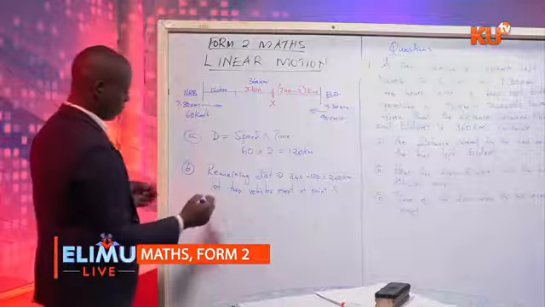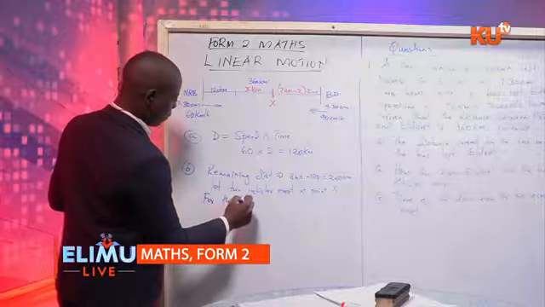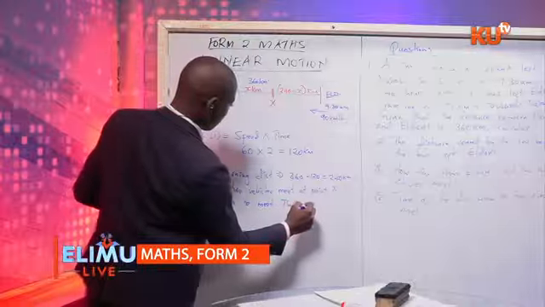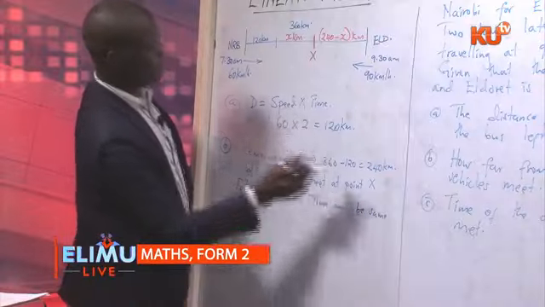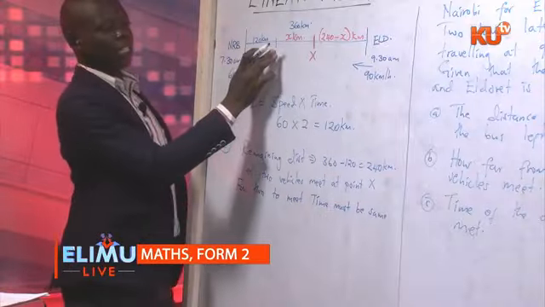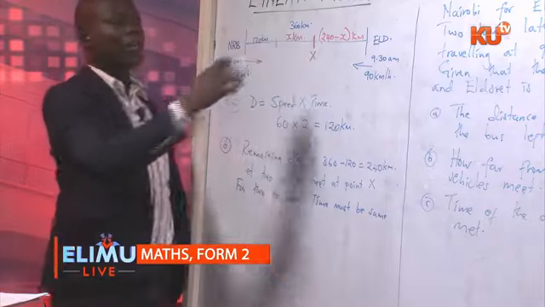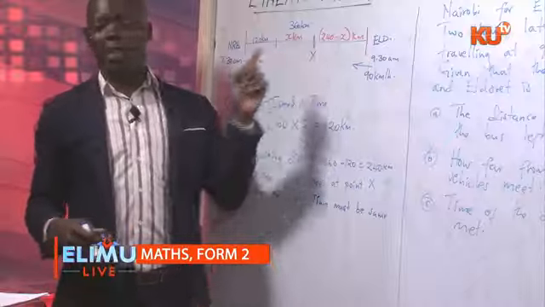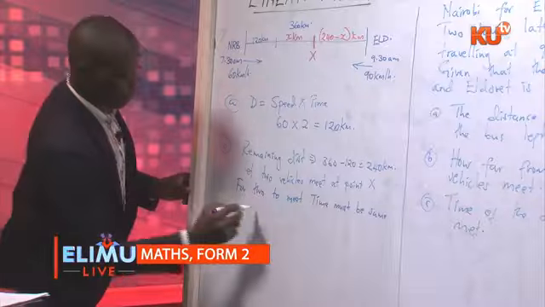So we'll say, for the two to meet, time must be the same. So if the car takes, for example, 1 hour to move from this point to X, then the bus also has to take 1 hour for them to meet at point X. And how do you get time?